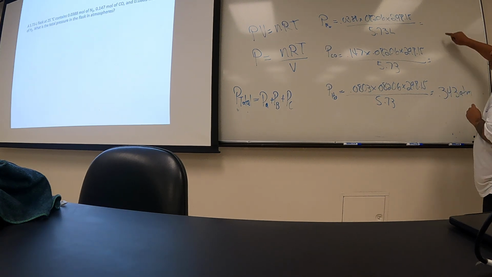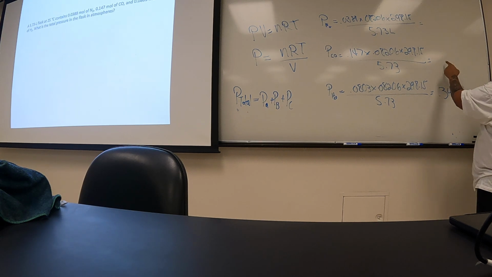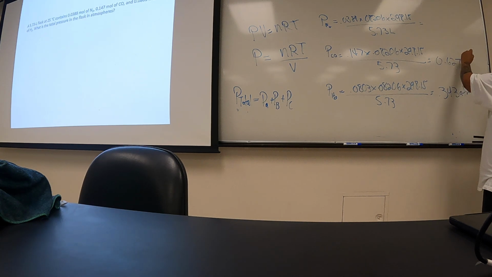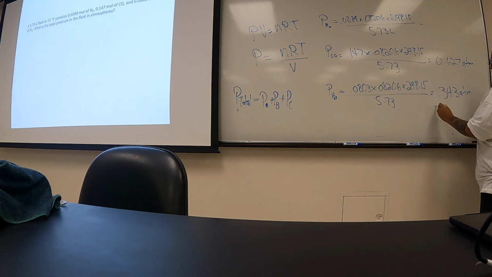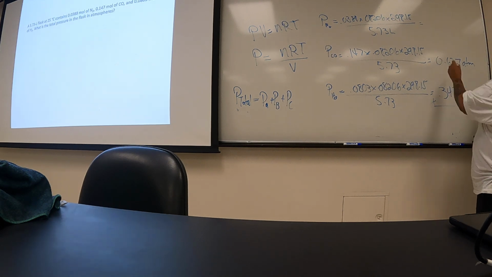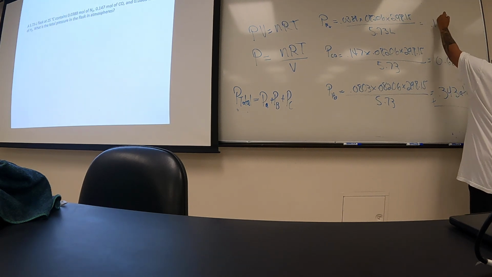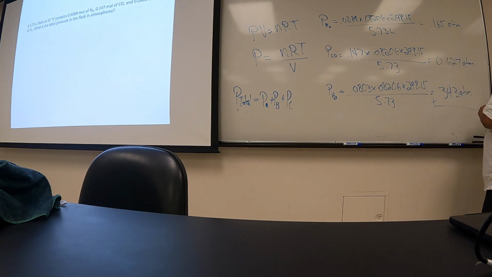Anybody get these two here? I got for CO 0.627. Okay, I think we're good with just three. Anybody get the first one? It's 0.165. And then we'll just simply add all this up.